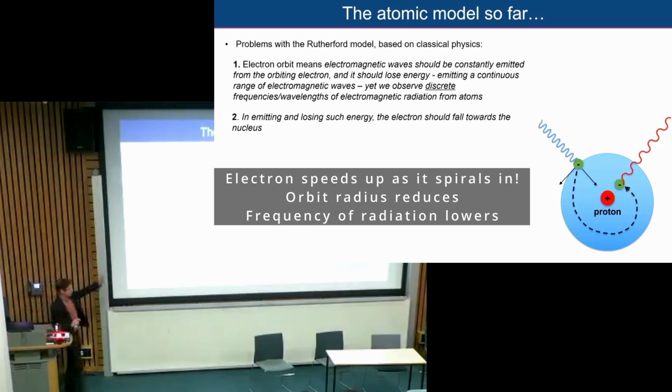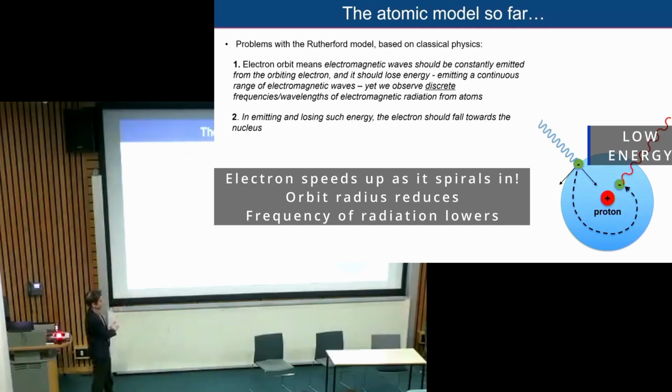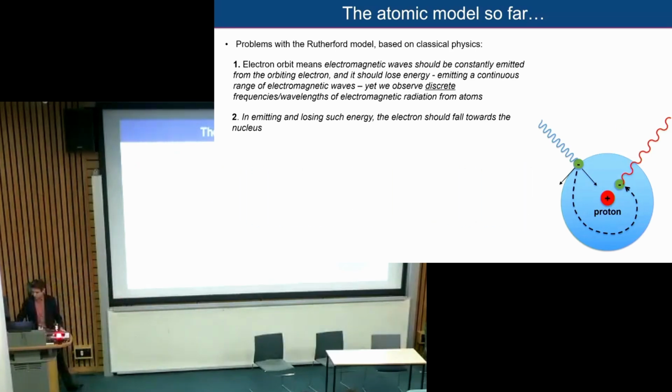So we'd expect this kind of rather bizarre situation, because we know it's not observed experimentally, of an electron just emitting off radiation, initially high energy, that's the blue light, for example, depicting a high energy electromagnetic wave. Then as it comes in, losing energy, it would have maybe lower energy emissions in a continuous spectrum of loss of energy.